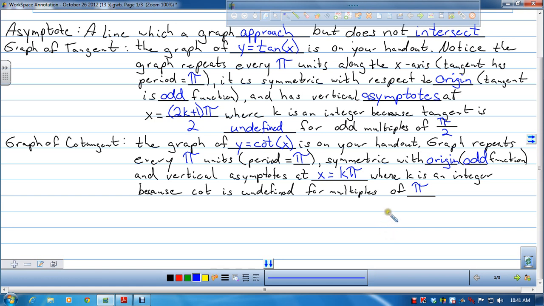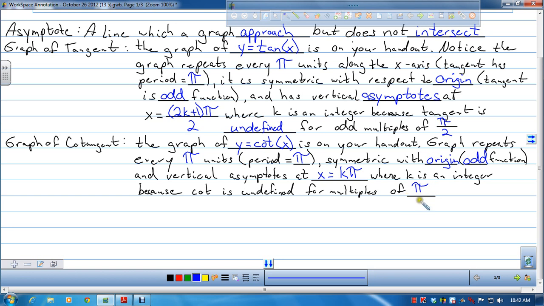And you can understand that as it relates to our unit circle. Remember that tangent is undefined because you end up with 0 in a denominator at 90 degrees, which is pi over 2, and at 270 degrees, which would be 3 pi over 2.